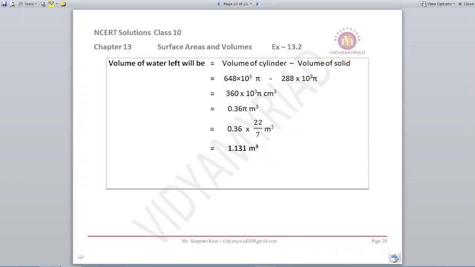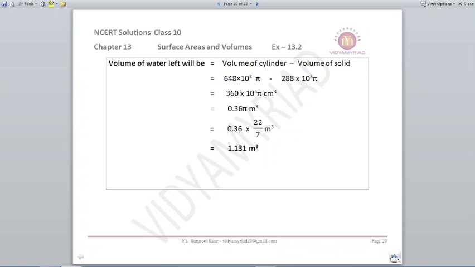So it is like for the easy calculations I am using pi everywhere, and at the end I have converted into 22 by 7. So it is just for easy calculations. If you want to convert pi into 22 by 7 earlier, you can also do that. The answer will come same.